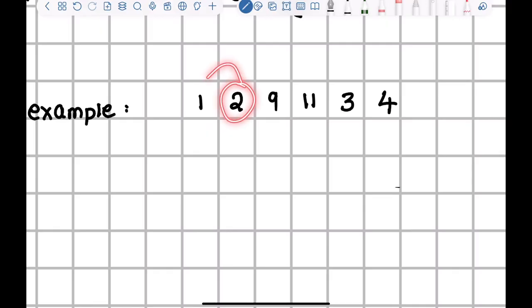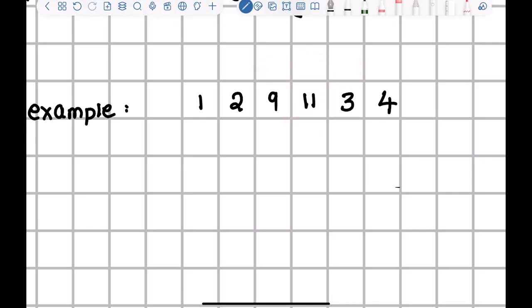So we check 1: nothing in previous, so this is the first element, leave it as is. 2, greater than 1, yes. 9, greater than 2, yes. 11, greater than 9, yes. 3, greater than 11? No. 3 is not greater than 11. So this is the element that is breaking the increasing order.